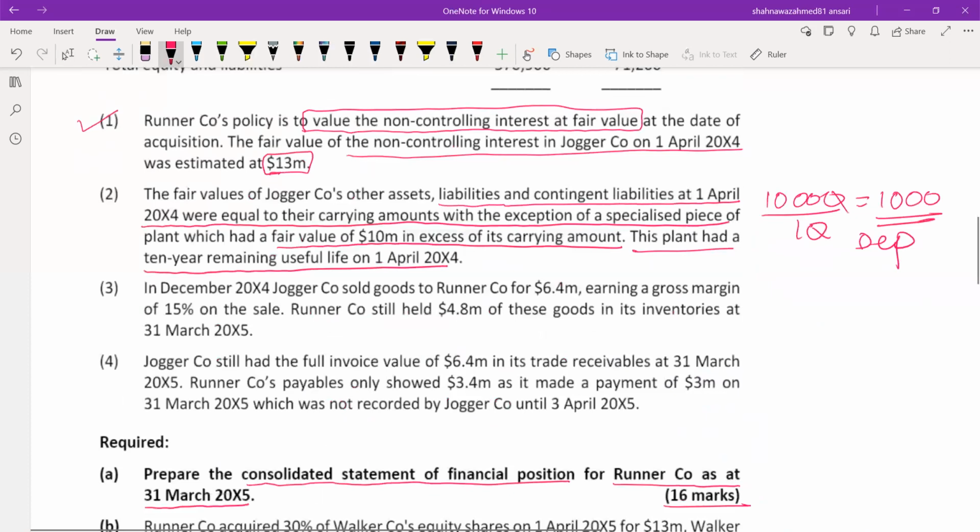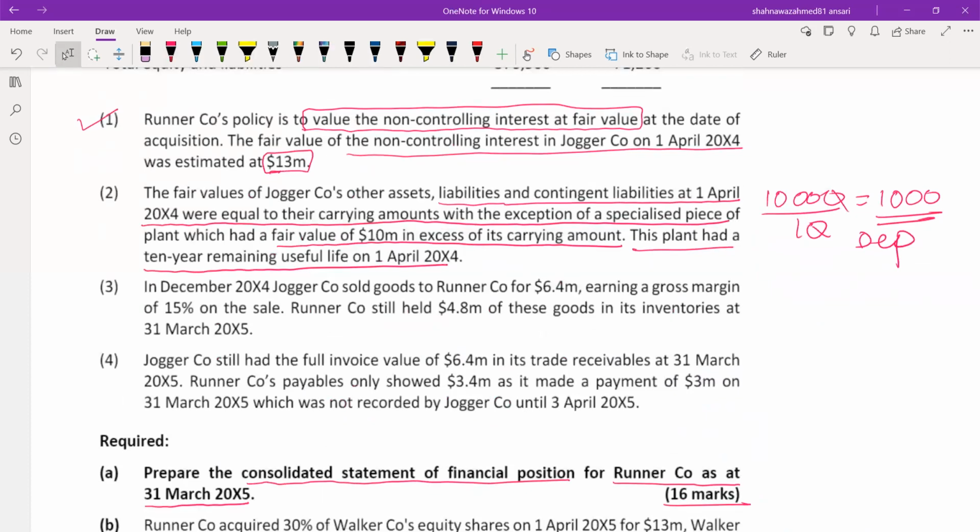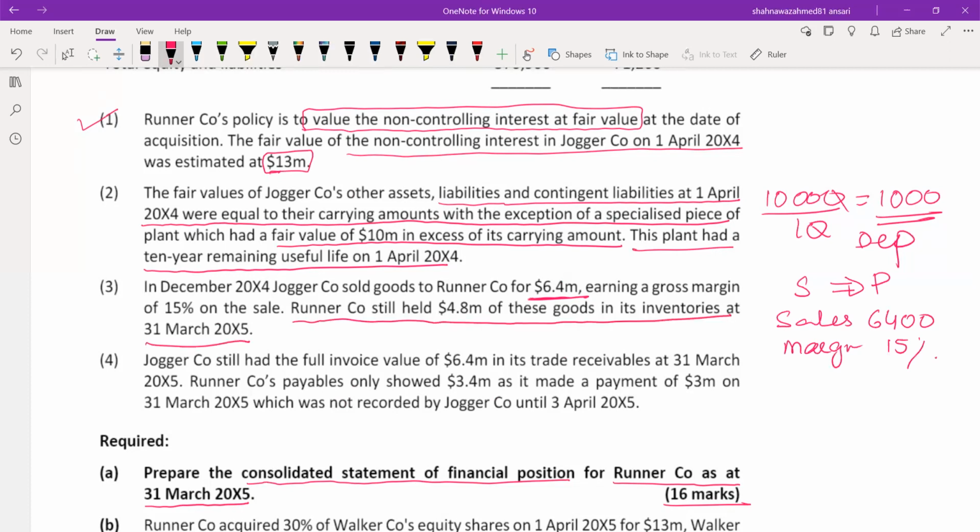Now, the next adjustment is the intra-group trading. In December 20X4, Jogger Co. sold goods to Runner Co. for 6.4 million. This is the sales value. Jogger Co. is a subsidiary, so it's between subsidiary and parent company, earning a gross margin of 15% on sales. So sales is 6,400 and margin is 15%. Runner Co. still held 4.8 million of these goods in stock. So we need to calculate PURP, that is 4,800 into 15%. We can apply 15% directly because the margin is given.